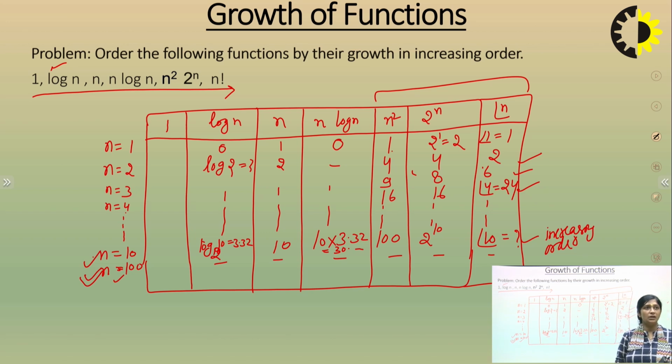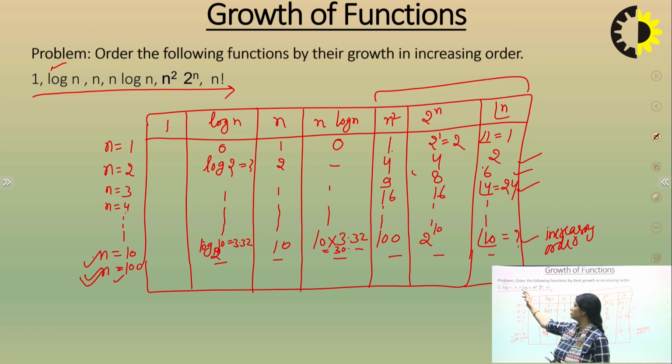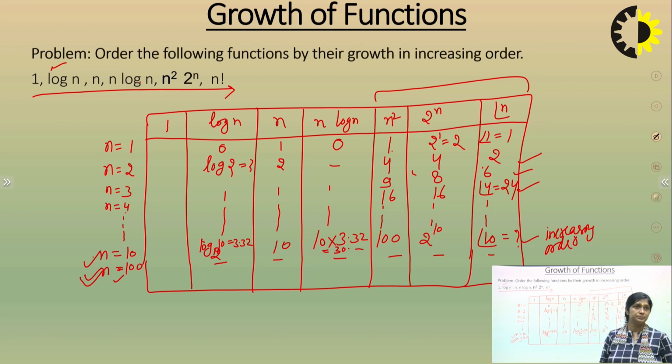In this way, you can find out the growth rate of any function. Maybe the question is n cube, maybe n log n square or n square log n. Then you have to identify the growth rate according to this solution. Means you have to find a solution for the growth of the function. Now see the next one.